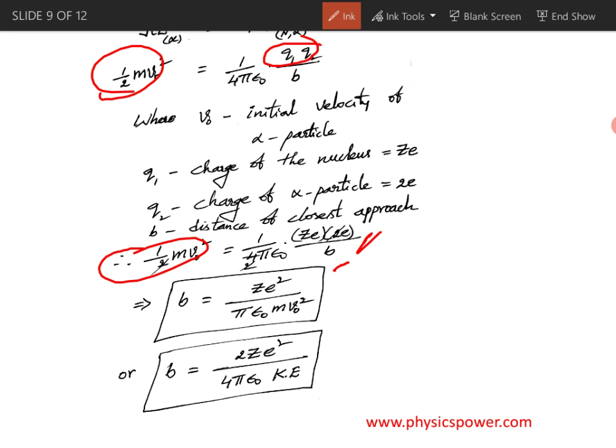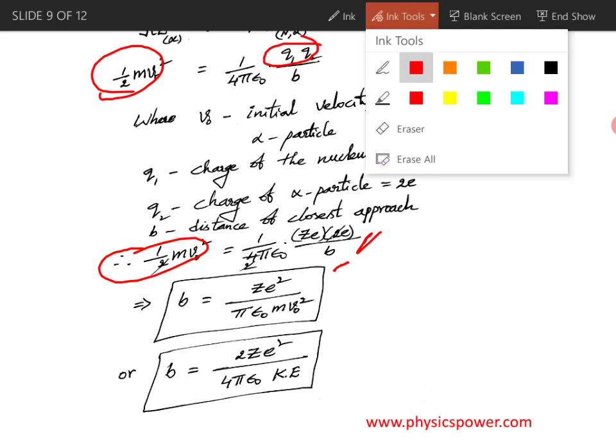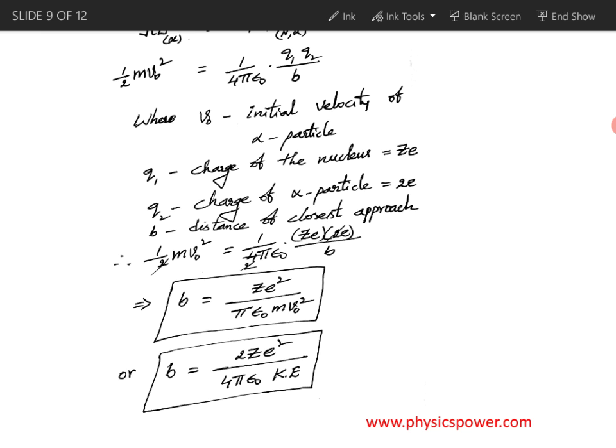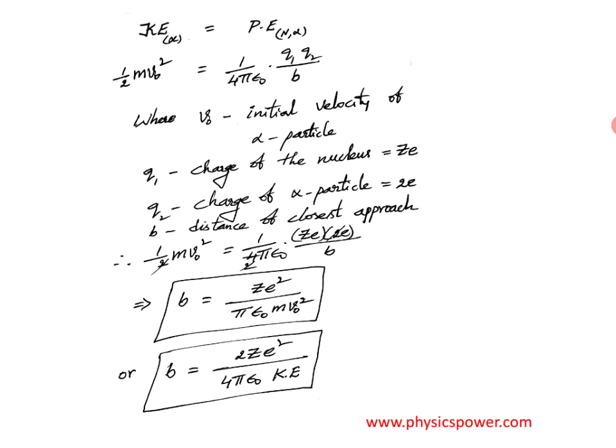Then if you reshuffle both, the denominator Ke will come, and b from the right side denominator will go to the left side. So b equals 2 Ze square by 4 pi epsilon naught into Ke. Like that he derived the expression for distance of closest approach.